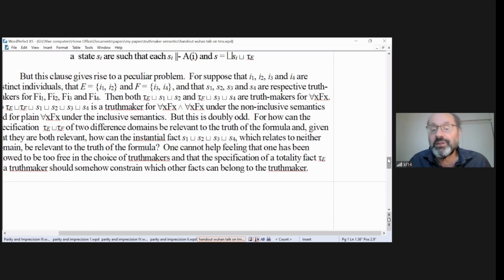It will not exist. So because the state space for the totality facts is bounded complete, and we don't have fusions of distinct totality facts, these fusions, when we have distinct totality facts, will not exist. Okay. So what we'll actually have is something distinct from for all x, Fx, but we will not have one of these weird truth makers.